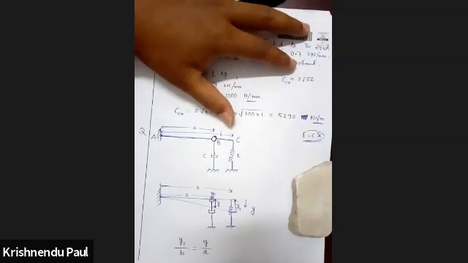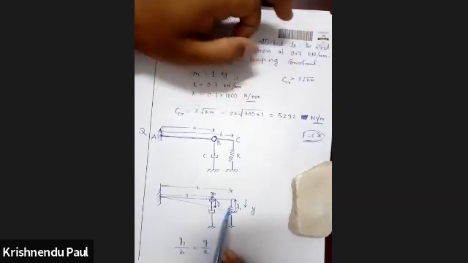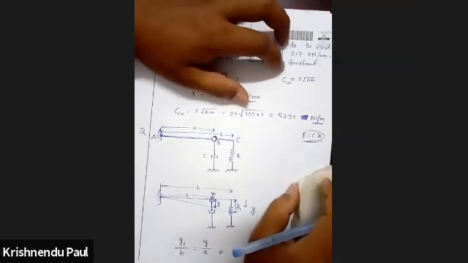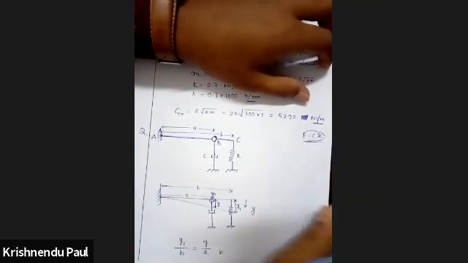It is obvious that this point and this point both will have displacement, but it will be different, y1 and y. From similar triangles, you can write this equation.